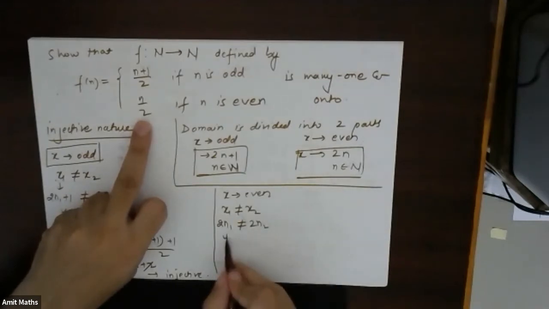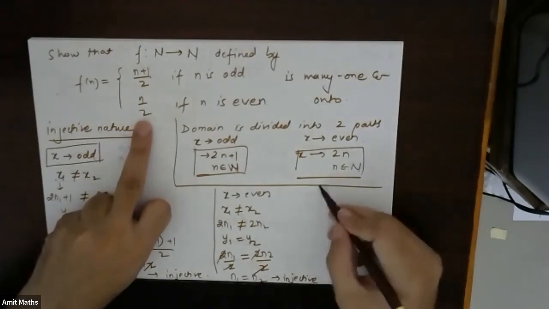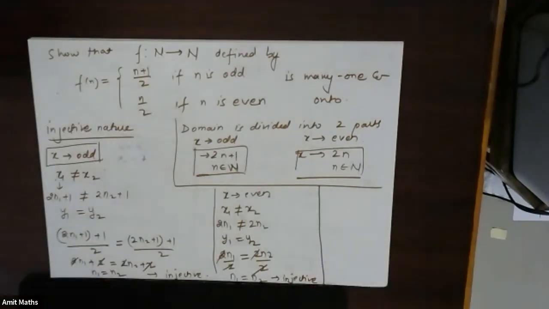So I take y1 equals y2, that is 2n1 by 2 equals 2n2 by 2. The 2 and 2 get cancelled, so from here also I am getting n1 equals n2. That means it is injective in nature.